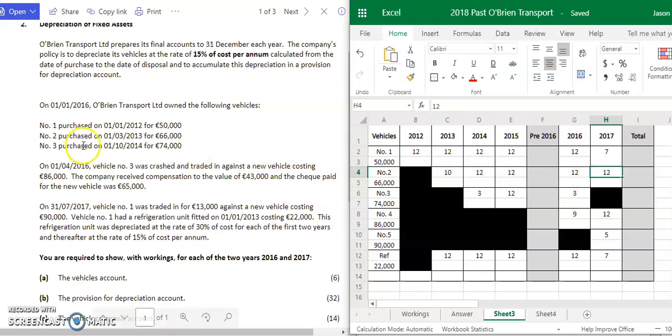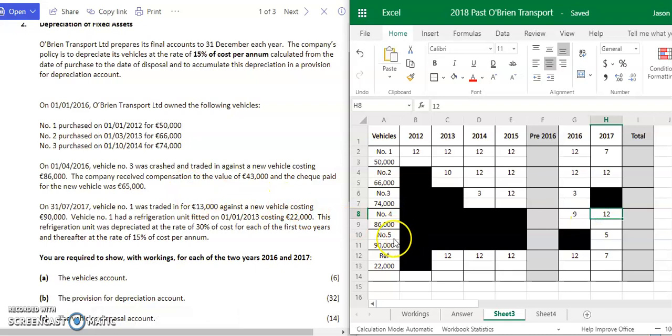Vehicle number 3 then we purchased on the 1st of the 10th, so we're going to have that for 3 months. And then we got rid of vehicle number 3 on the 1st of the 4th, 2016, so we only have 3 months depreciation to calculate there, and 12 months for 2015. Vehicle number 4 then was bought in 2016, so we have it for the rest of the year, so it's going to be 9 months, and then 12 months for 2017.